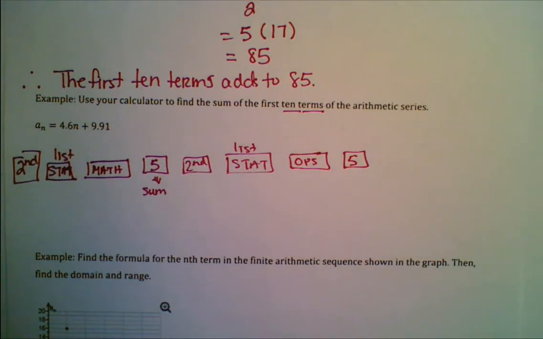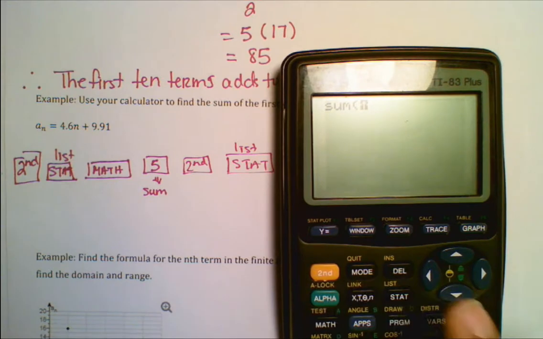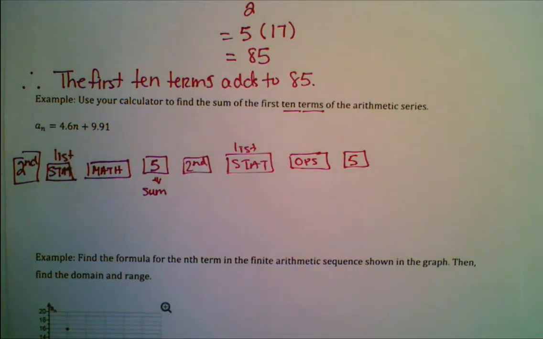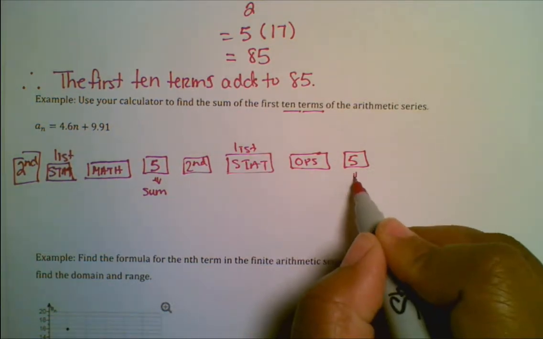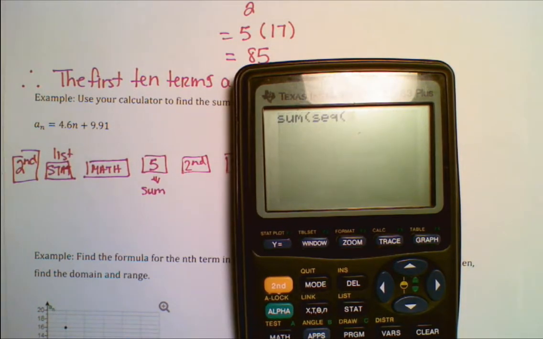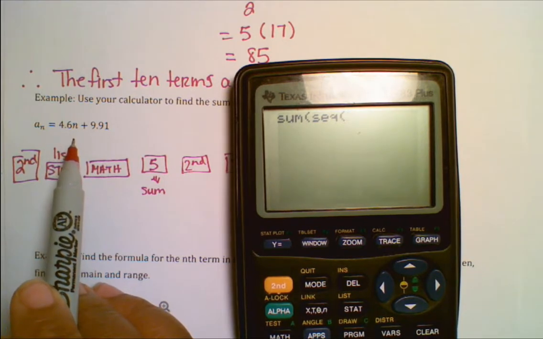So second and stat, go to OPS, and then 5 where it says sequence. Okay, so I'm going to do that. Then you're going to enter this expression here.